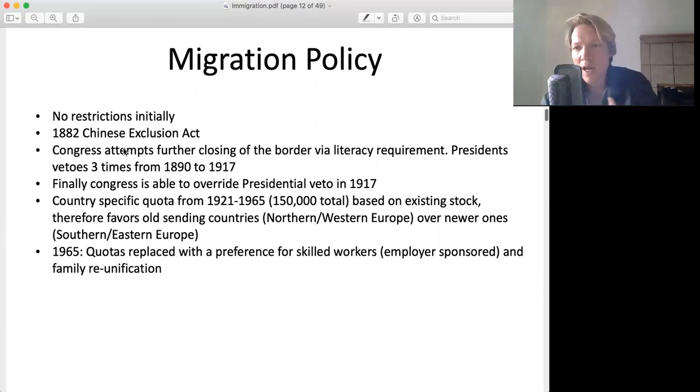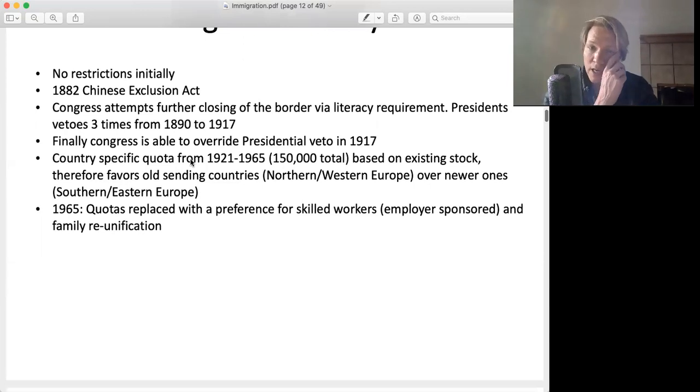And as we have waves and waves of migration in the late 1800s, there start to be anti-immigrant voices, and a variety of policies are proposed to try to limit the migration, typically in the form of some sort of literacy requirement. The presidents veto this, but finally Congress overrides the presidential veto, and we get heavily restricted migration from 1921 on.